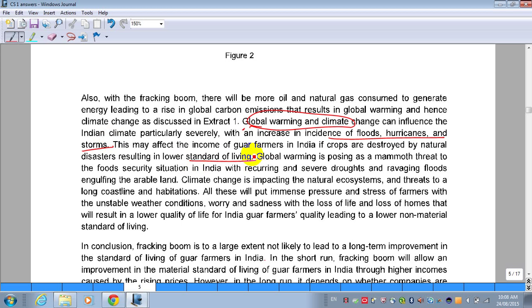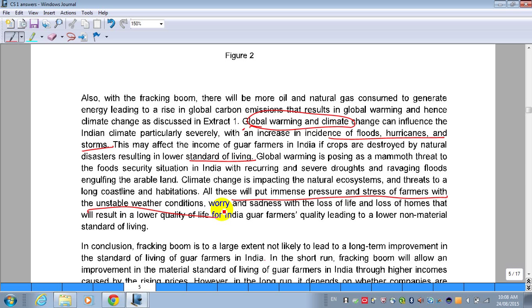But with regards to non-material, this puts immense pressure and stress on farmers with the unstable weather conditions, because of all this pollution that is a result of the fracking that they are contributing to. It will place more stress on them because the weather conditions are bad.